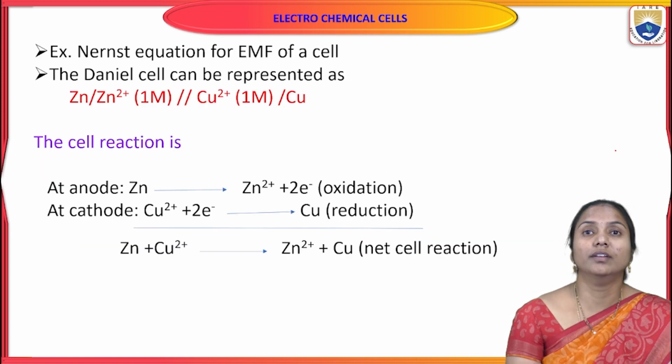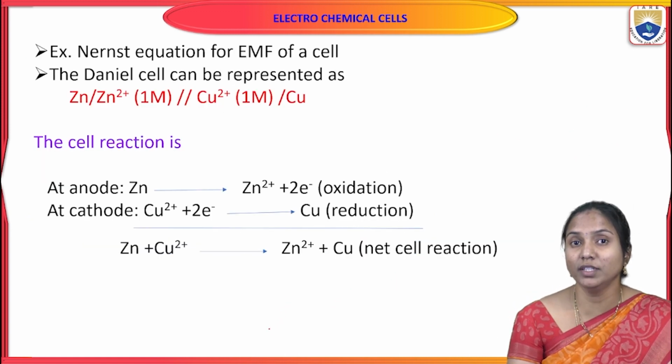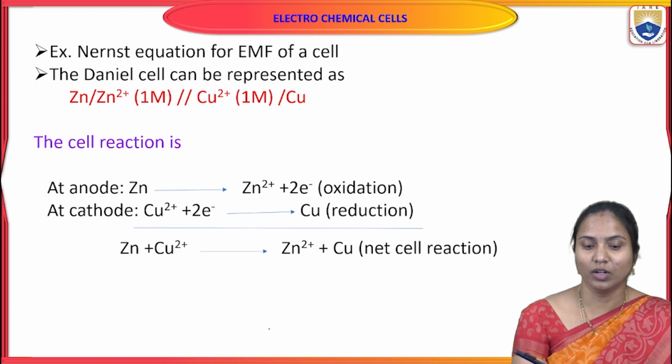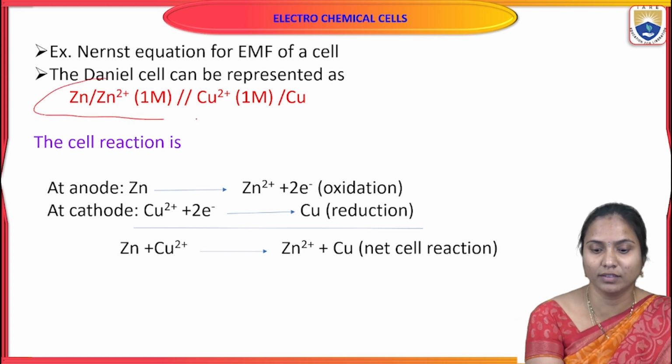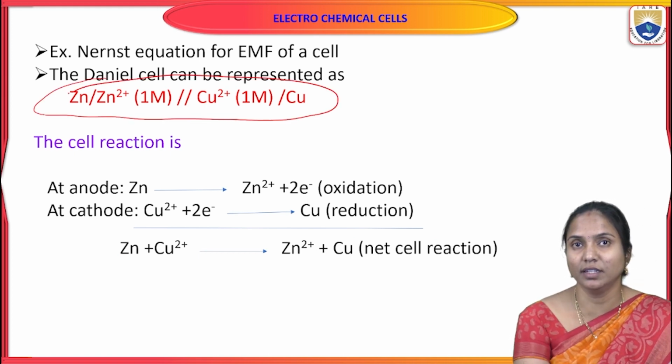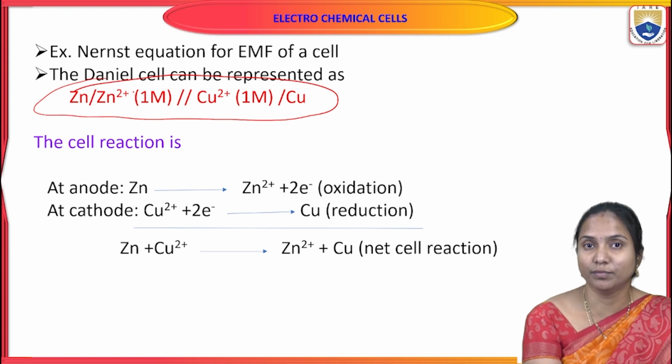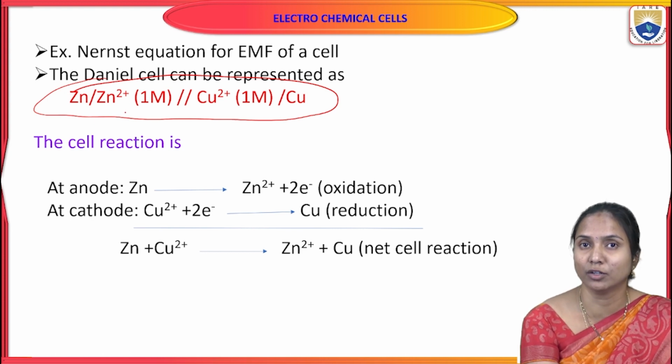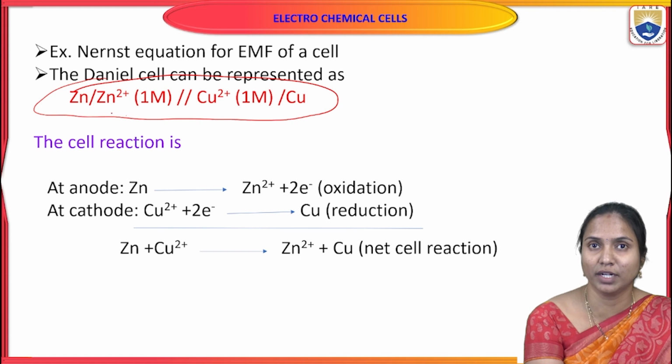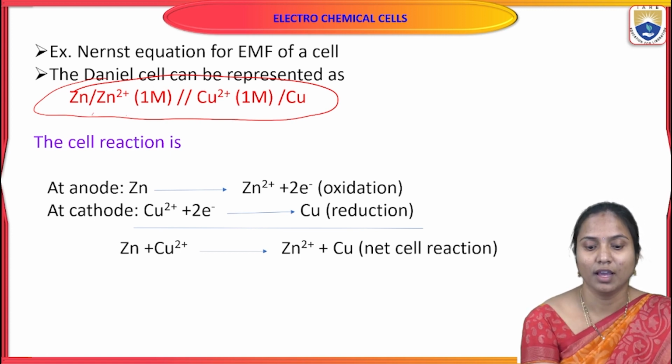Now let's discuss the Nernst equation for EMF of the galvanic cell. Already we know that Daniell's cell or galvanic cell is represented as a zinc electrode dipped in zinc sulfate solution, that means it undergoes oxidation. These two are separated by a vertical line, that means it is an oxidation half cell. And these two parallel lines indicate the salt bridge.